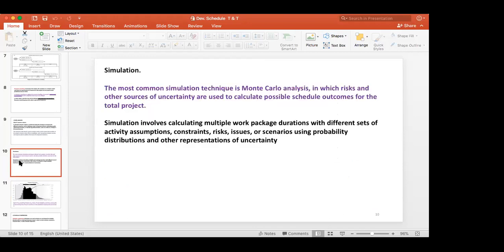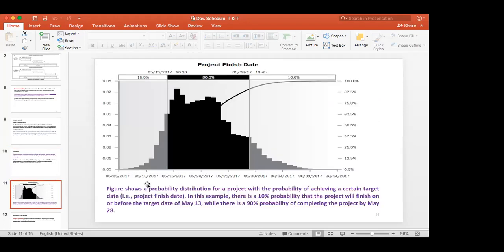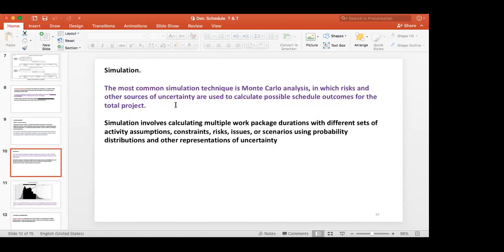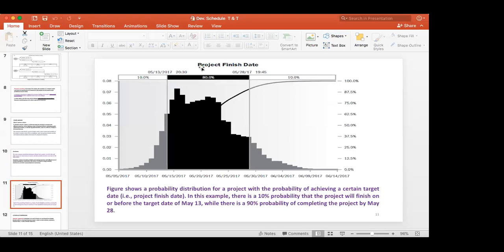You know the dates and everything is fixed, but you do a simulation and see. Here you calculate risks and other sources of uncertainty and add them to this simulation process. Then the simulation will give the probability of completing by May 10%, and the probability of completing by 28th 90%.